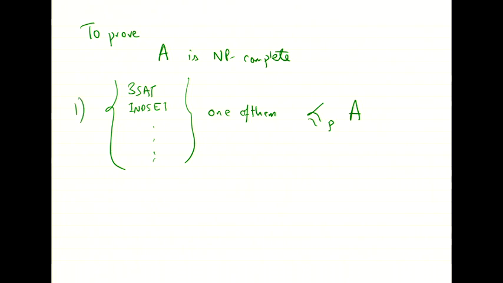Okay? And then of course you need to also prove that A is in NP. These two together will prove that the problem is inside NP and harder than every problem in NP, so it's NP complete. Okay? So that's the strategy.